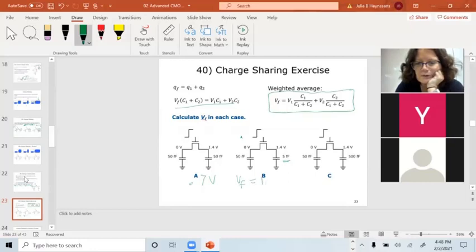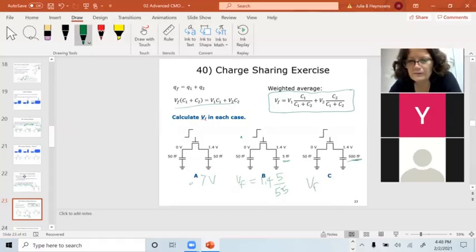V2 is 1.4, but it's C2 over the sum of the two, which is 5 over 55. So I get a really small V final. If I reverse these and put the voltage on the larger capacitor, my V final is 1.4 times 50 over 55. So it's getting pretty close to 1.4 volts.